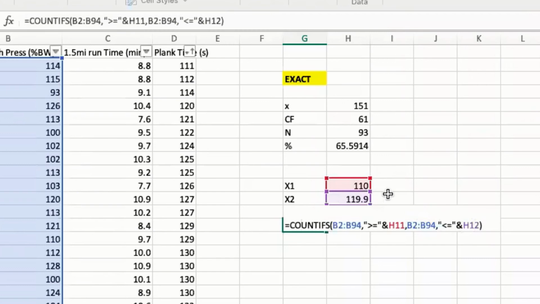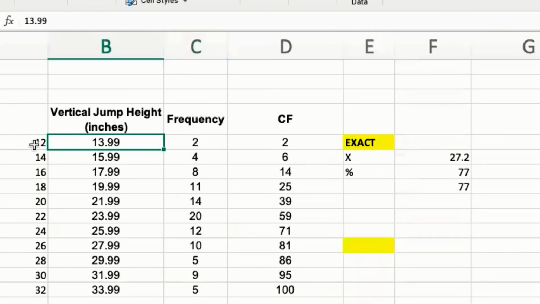I see what you're saying. For people watching the recording, we wanted to make sure whether we include the upper bound. Like I said, for these questions, usually I will tell you to include upper or lower. When you're building a grouped frequency distribution, the rule of thumb is that you exclude the upper bound, especially if values are repeated twice. We already had an example of this. Let's say instead of 13.99, I put 14.